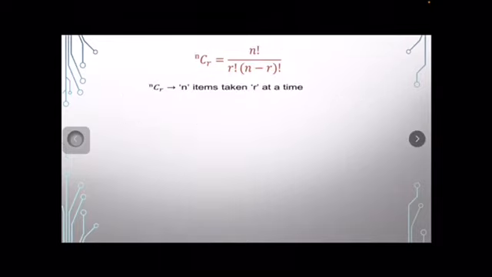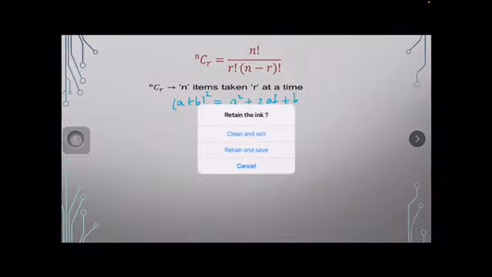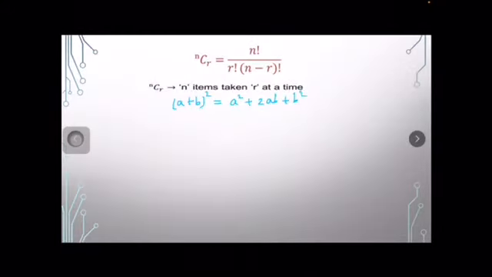You can see here, suppose we have a plus b whole square. What is a plus b whole square? It is a square plus 2ab plus b square, right?